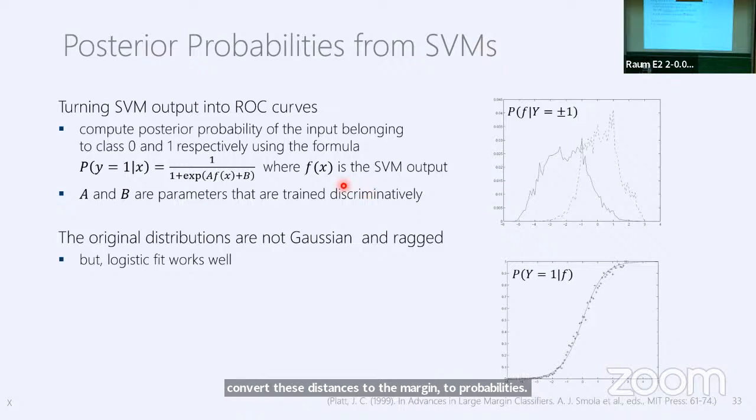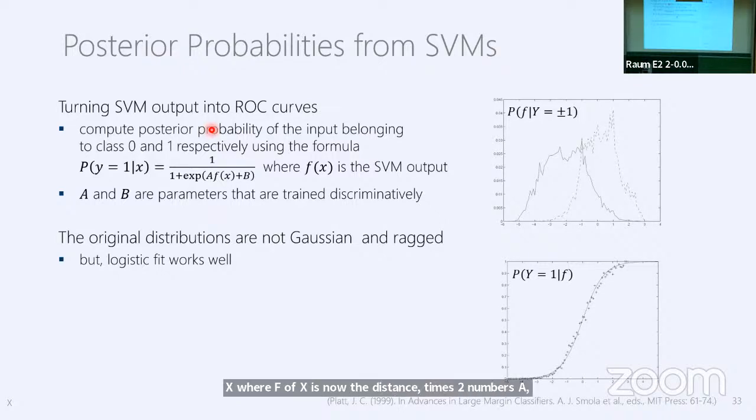Well, there are many different ways, but one way is to say, okay, the probability of the class equal to 1 is now this function, which is 1 over 1 plus exp of minus (A times f of x plus B), where f of x is now the distance, and A and B are two numbers. So this is just some general parameterized function.